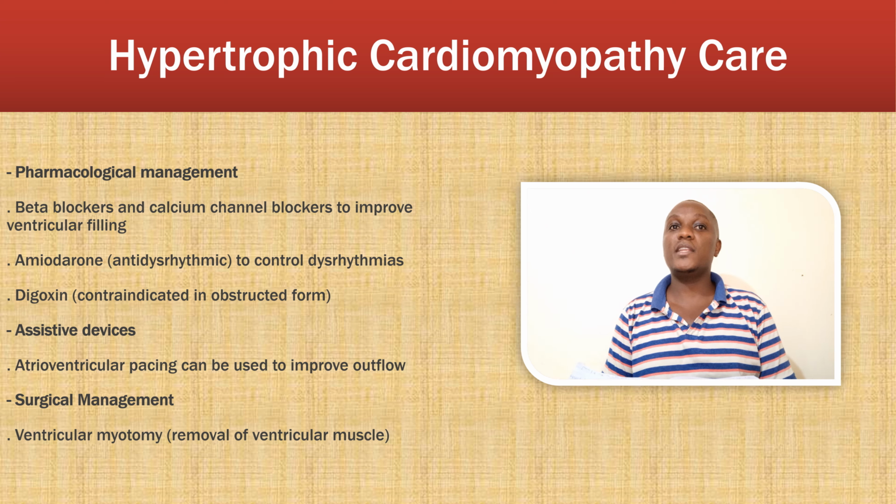Digoxin is contraindicated in the obstructed form of hypertrophic cardiomyopathy. For assistive devices, atrioventricular pacing can be used to improve outflow. For surgical management, ventricular myotomy can be done, and this is removal of ventricular muscle.